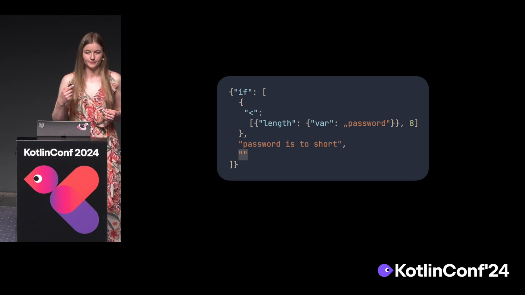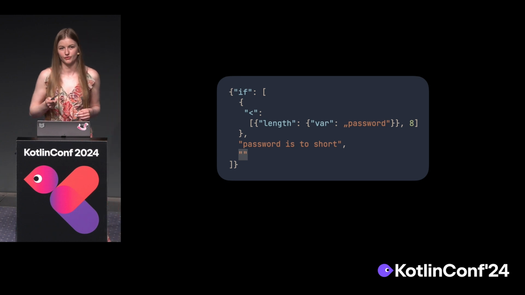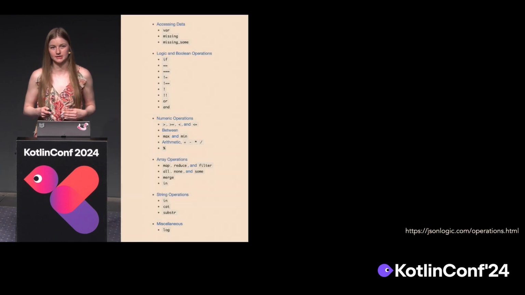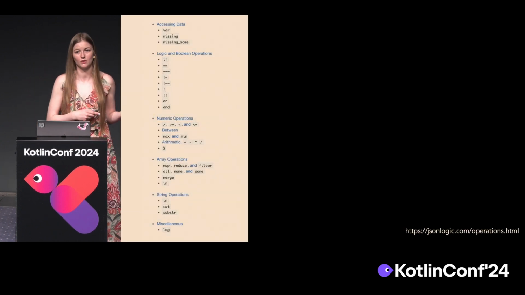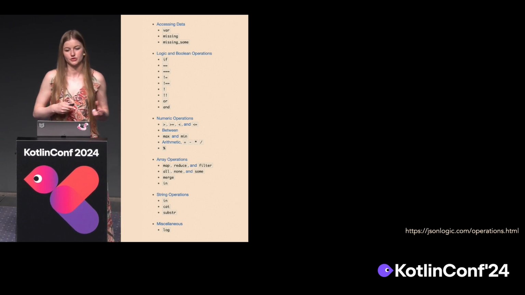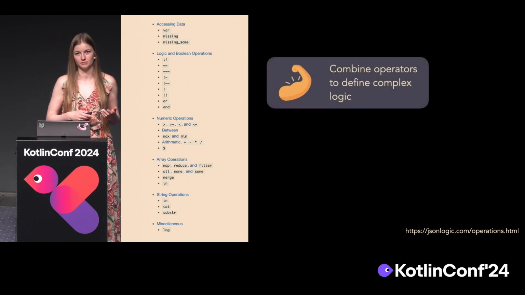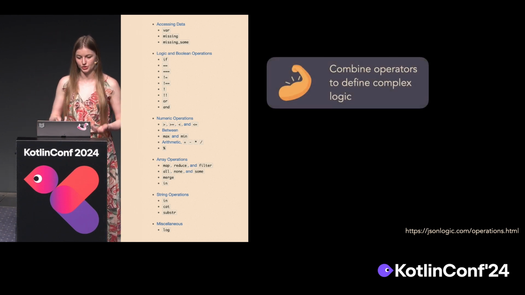And JSON logic, by design, supports about 30 different operators that are, as you saw in the previous example, pretty atomic. Those operations together can be used to define much more complex logic.